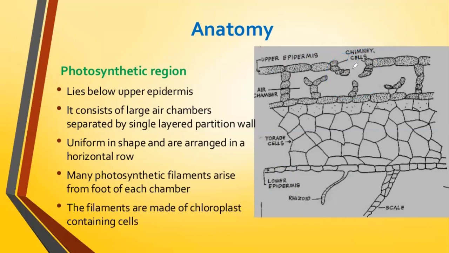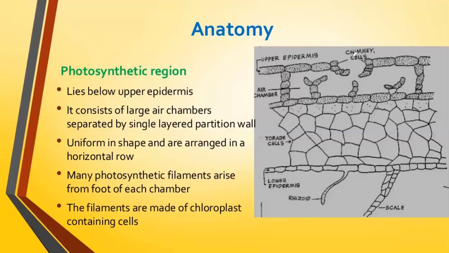These gaps are made up of a special type of cells called pore cells, around 3 to 4 cells, and they are arranged in 3 to 4 layers. They form a small hole in between them.